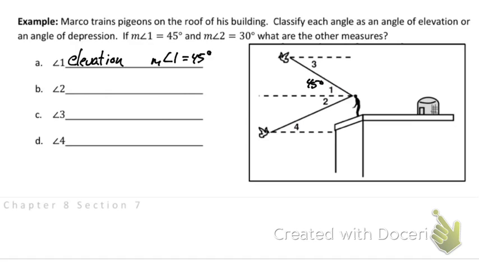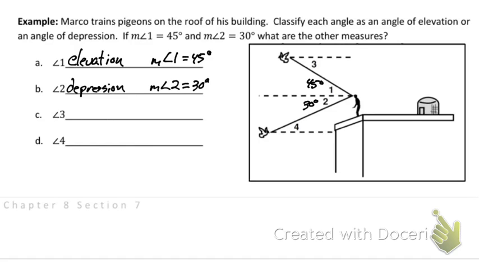Akshay, is 2 elevation or depression? Depression. It is depression, yep. It's depressed, it's going down. And it also says that the measure of angle 2, they already gave me that one, equals 30 degrees. So let's go ahead and put 30 degrees here.